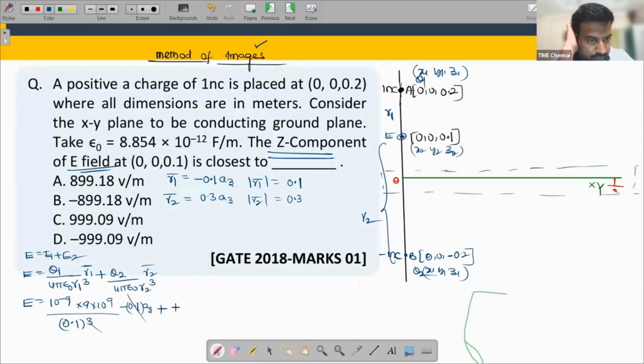Plus Q2 is minus 1 nanocoulomb, 9 into 10 power 9, R2, 0.3 AZ by 0.3 whole cube.